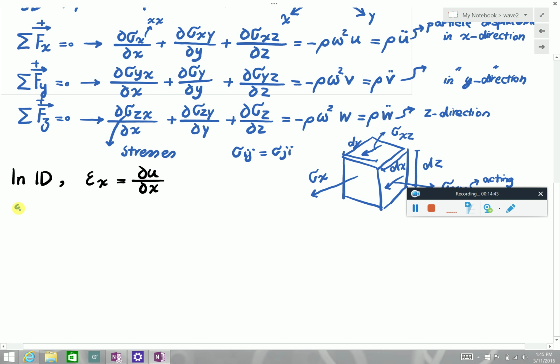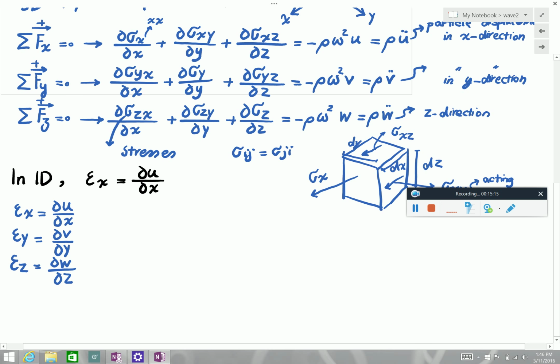For normal strains, basically the same thing: in the x direction it is the change in displacement in the x direction per unit length. In the y direction, it is the change in displacement in the y direction with respect to y, and in the z direction we also have very similar expressions.